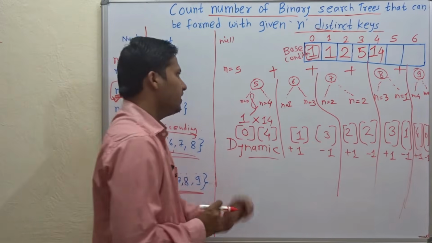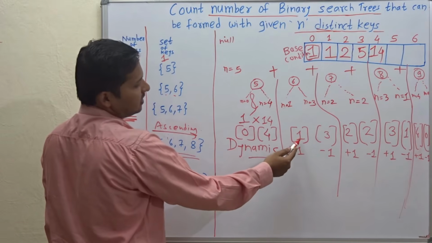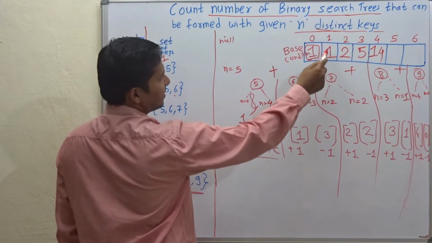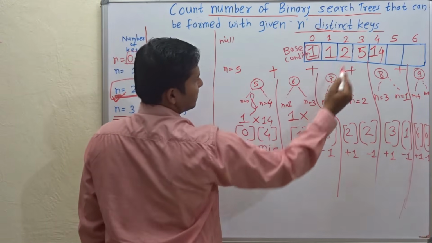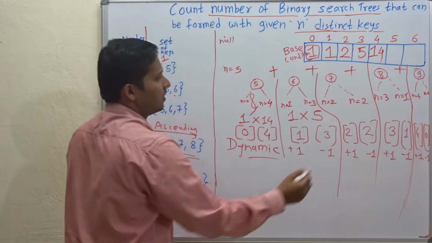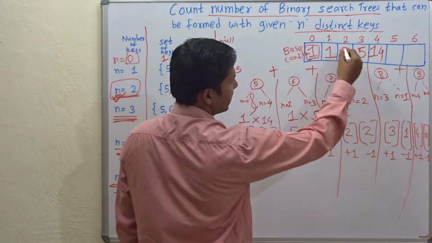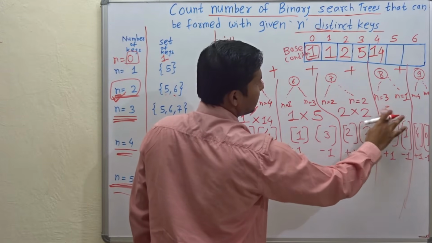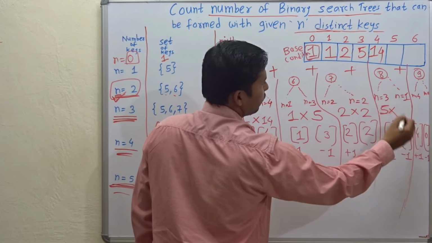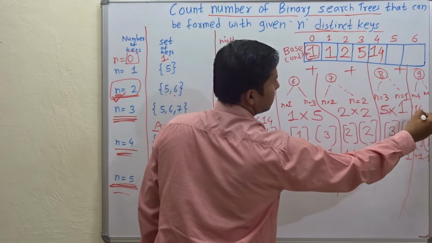Now let's calculate the number of binary search trees. So for 1 key, how many binary search trees are there? 1. Into, for 3 keys it is 5. Then for 2 keys, how many binary search trees are there? 2. And again for 2 keys, 2. For 3 keys it is 5. Into, for 1 key, 1. And for 4 keys it is 14.